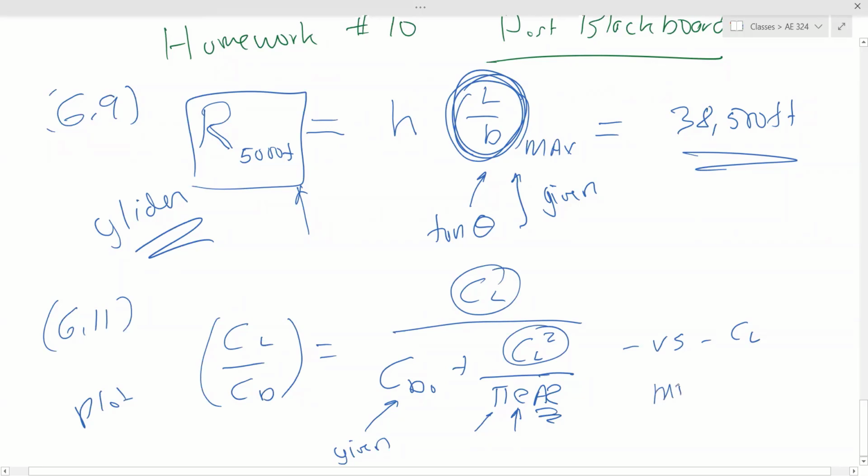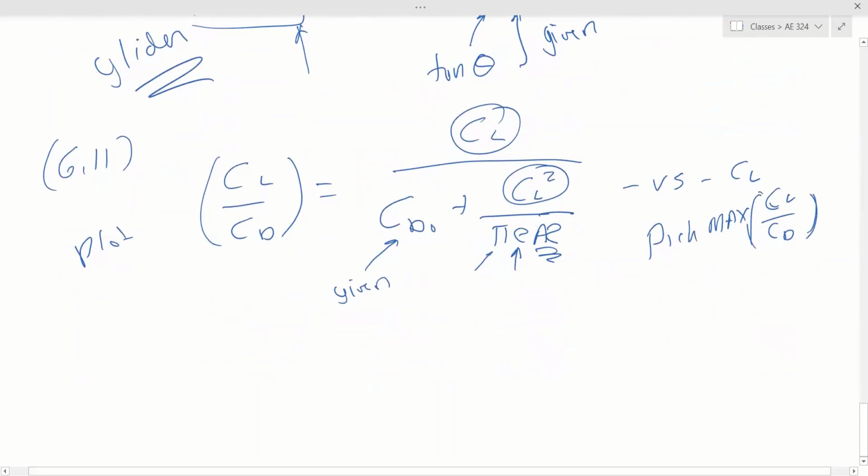And then you pick the maximum of CL over CD from the plot. So you should get a number between 13 and 14.